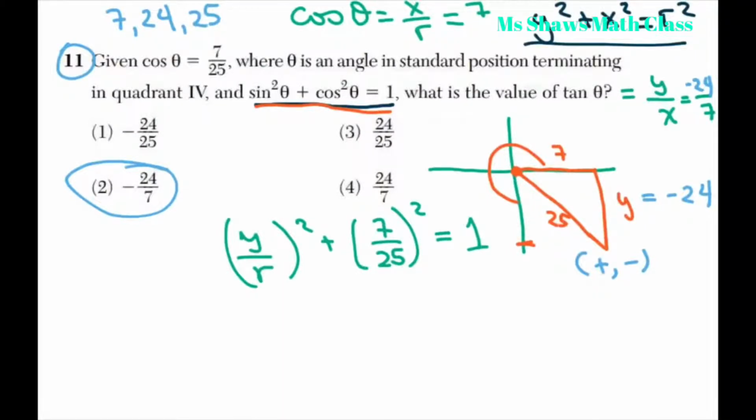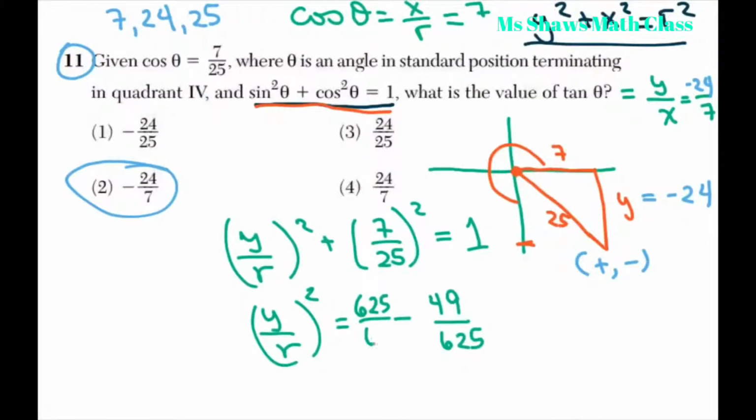So y over r squared equals 1 minus 49 over the 25 squared. 25 squared is 625. So 625, I'm going to change this 1 to 625 over 625, or you can use the calculator. I'm just getting the common denominator.